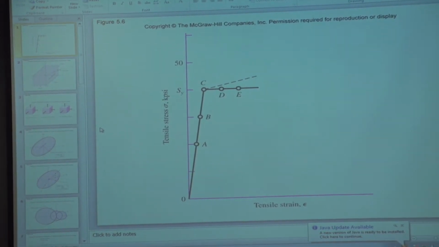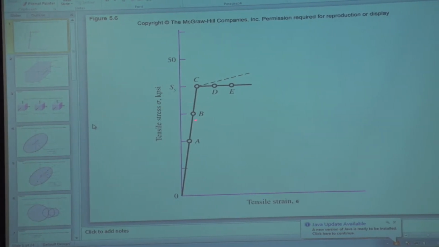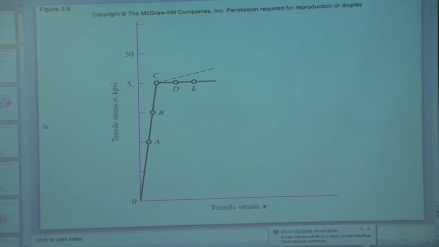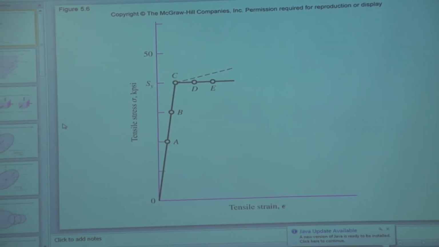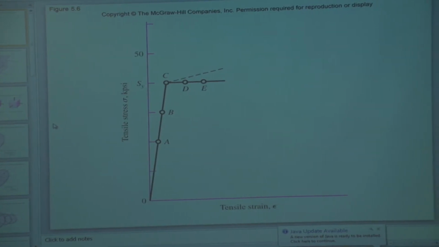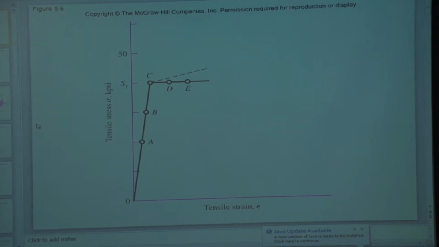Now let's see what happens if I look at a point such as point B. By point B I mean when I have increased the stress 3 times what it was before.